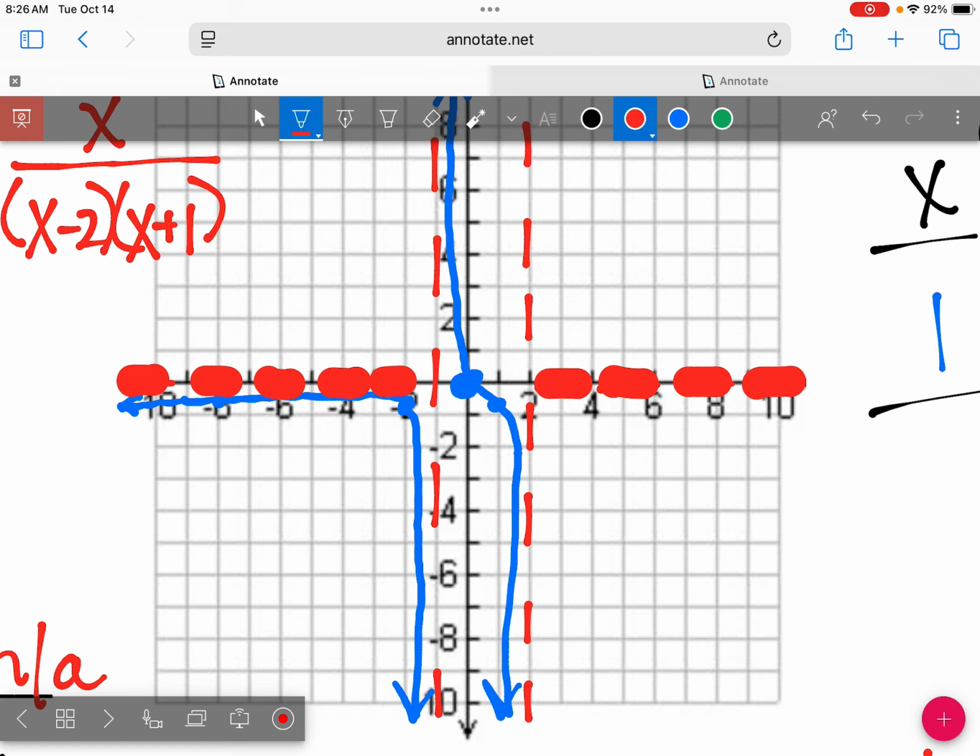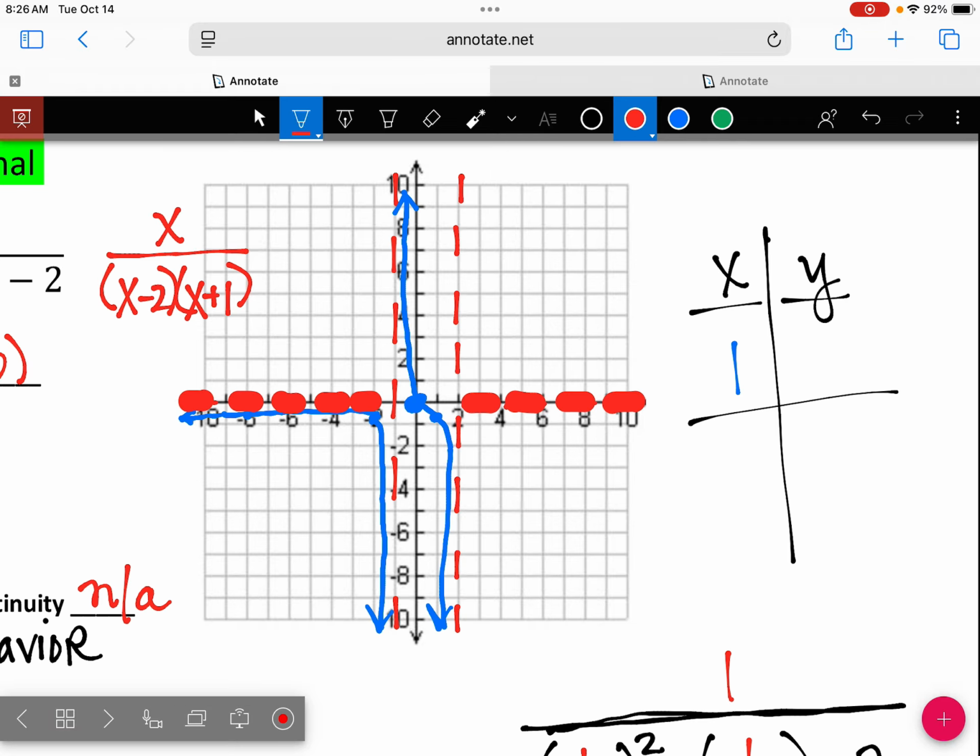All right, so now let's go ahead and do the ends. Let's plug in 3 and 8 and see if it's above or below. So we plug in 3.